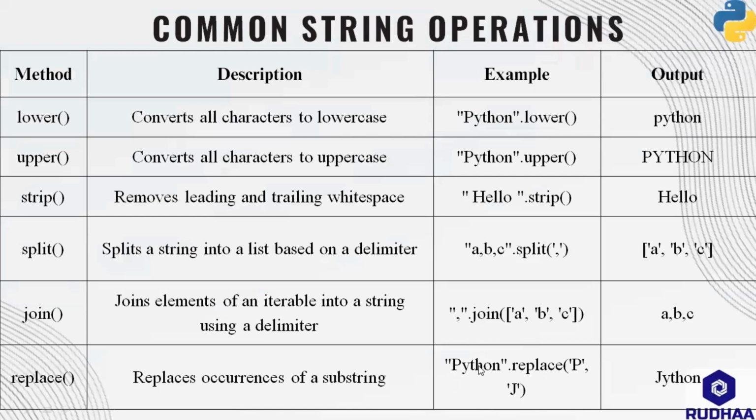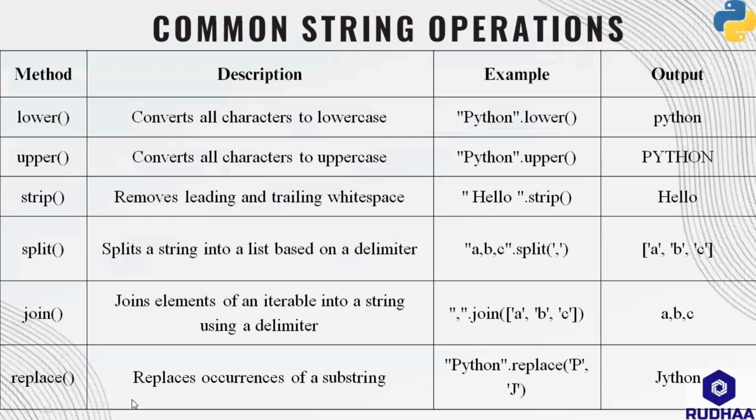So here we have python. So at the output you may see that p is replaced as j. So this is how you can do the replacement. The entire word cannot be replaced or modified, but still a substring can be replaced.